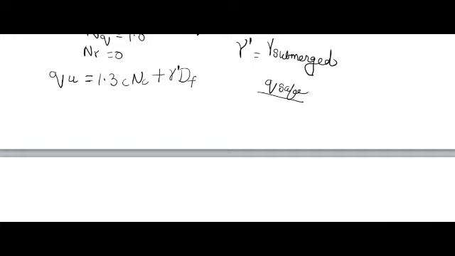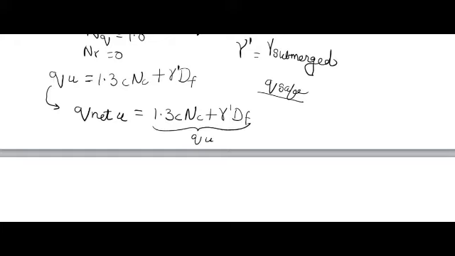From ultimate bearing capacity, how do we find the safe bearing capacity? From ultimate bearing capacity, you have to find the net ultimate bearing capacity, Q net ultimate, which is Qu minus gamma dash dF, and it comes out to be 1.3 c Nc.